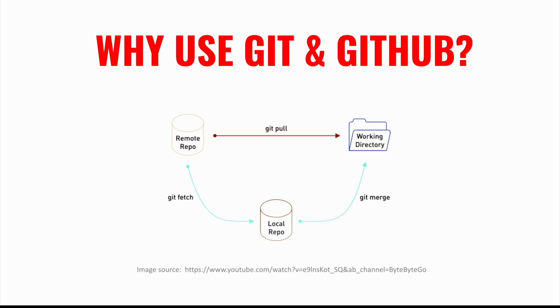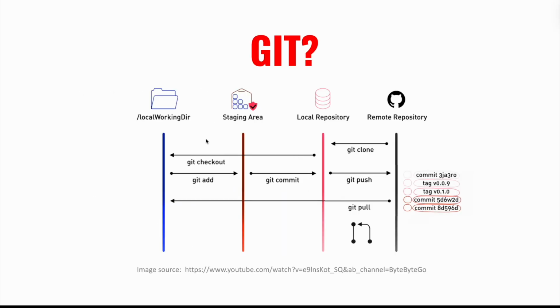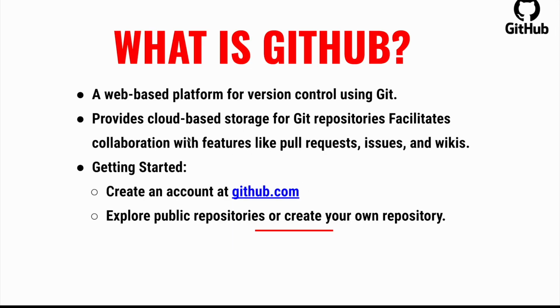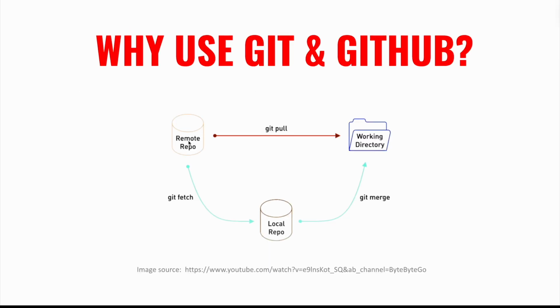Next would be, for example, what's the difference between git pull and fetch and merge. As we discussed before, there are four places in Git. In case you directly want to fetch a particular code base from your remote repo, you can do a git pull and it directly pulls all your changes to the working directory.